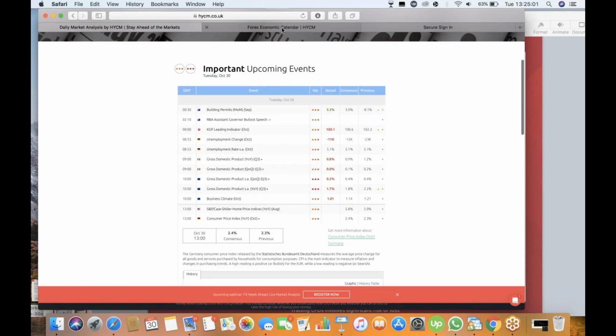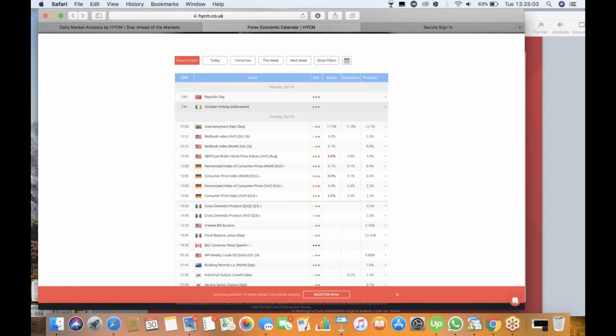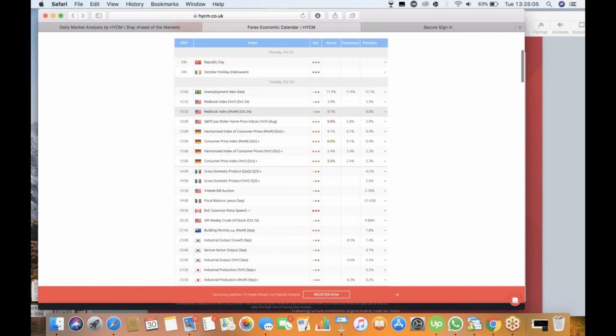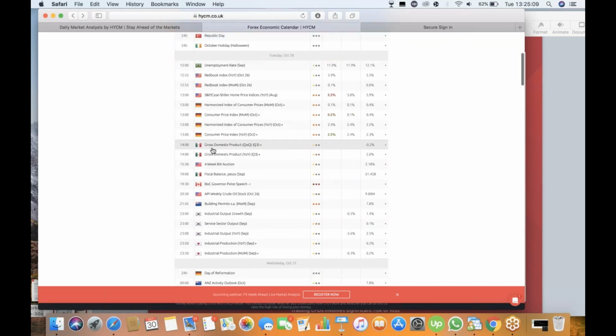Now, looking at the calendar ahead, we're looking at Tuesday, October the 30th. There isn't a lot of top tier data, so that's pretty good for us.